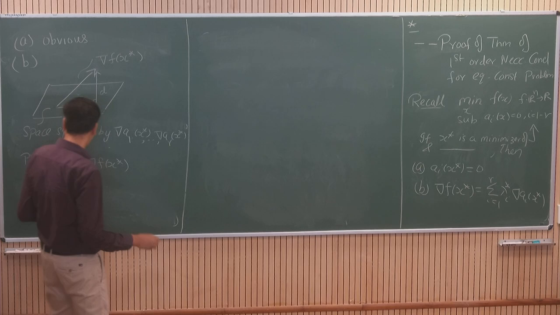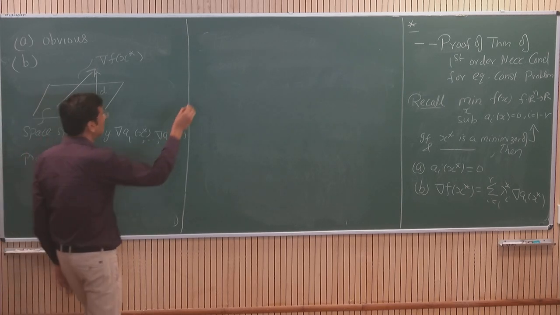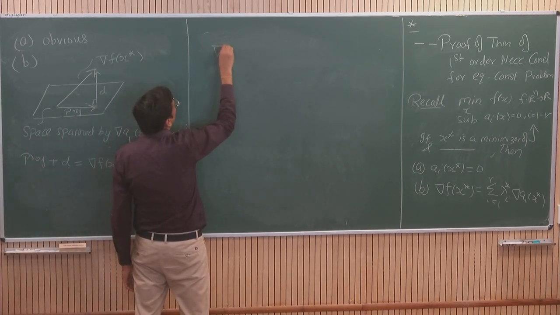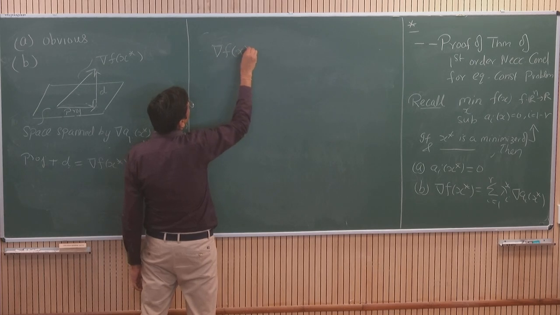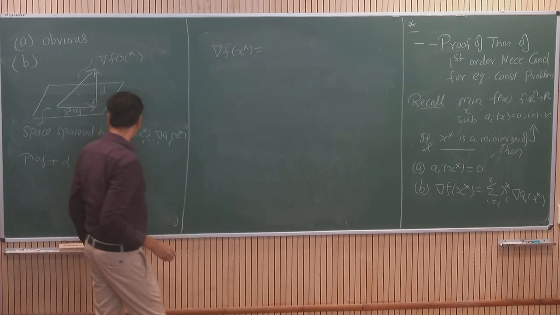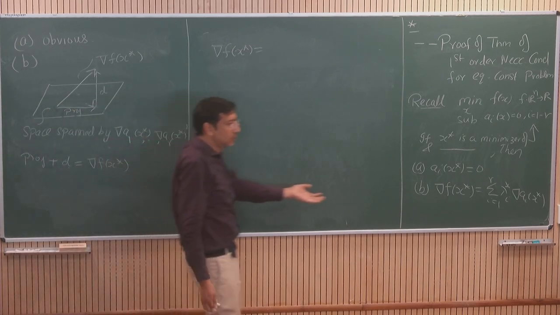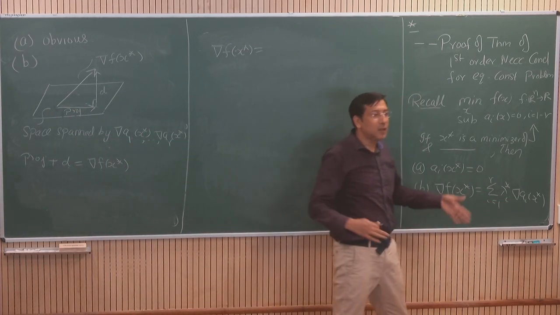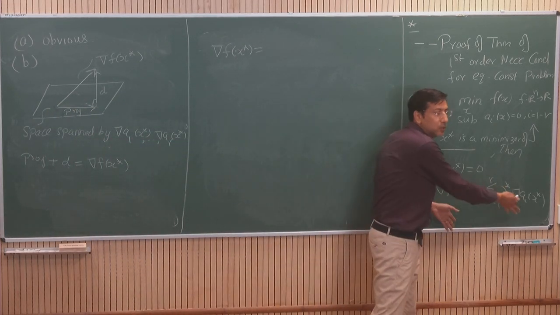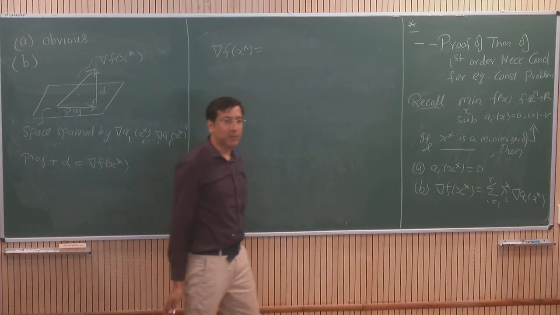Okay, so let me write what this projection vector is. I'll just write the opposite direction. So the gradient of f at x star. How can I write the projection vector in terms of the gradients of A, the linear combination? The constants which I am going to use for the linear combination, I am going to refer to as lambdas. I can refer to them as anything, but since I'm trying to come to this form, I refer to them as lambdas.